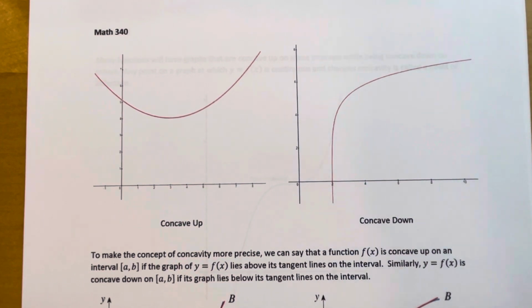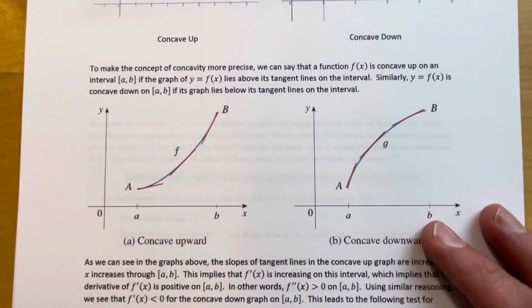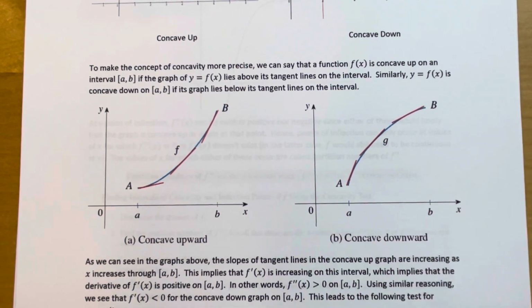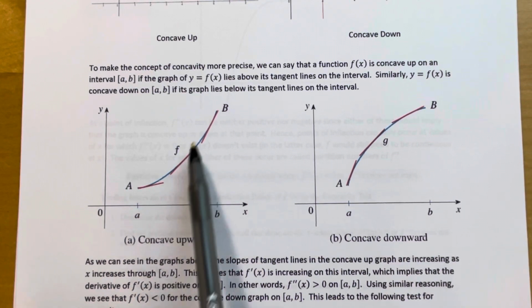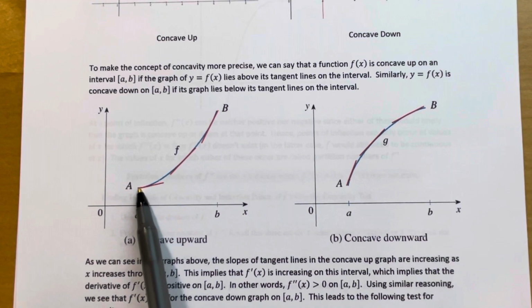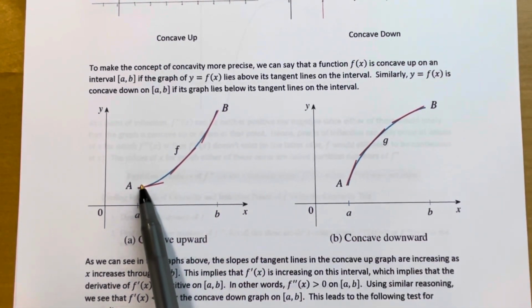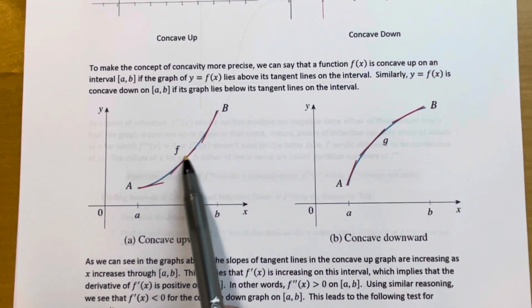So we actually have a more precise way of defining concavity, which is going to lead us into some of the results that we use in this section. In particular, notice here we have a concave up curve. And if you look at any point on that part of the curve that's concave up and then find a tangent line to that point, the blue curve lies above those tangent lines.